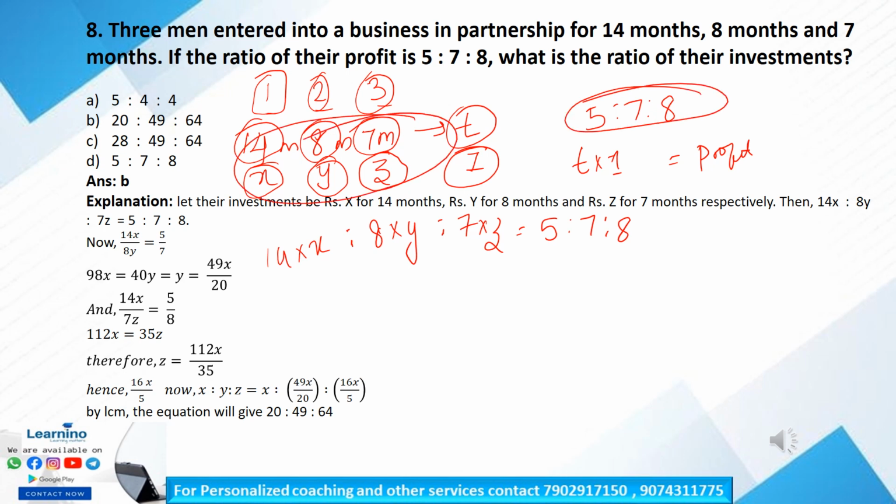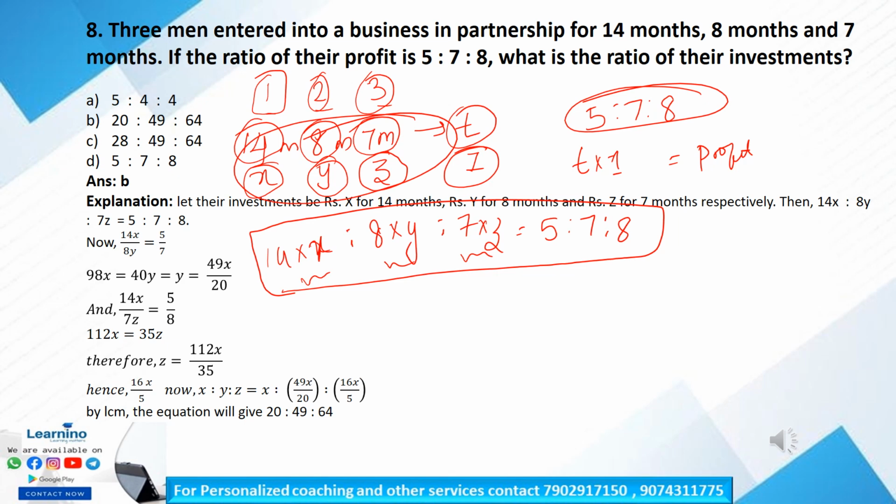From here we can write the following equation: 14 months into X, this is the investment. So 14x is to 8y is to 7z is equal to 5 is to 7 is to 8. Is it clear? So now we have to convert each term in terms of either x or y or z, that is, convert these terms into a single term, either x term or y term or z term, so that we can find the answer very soon.